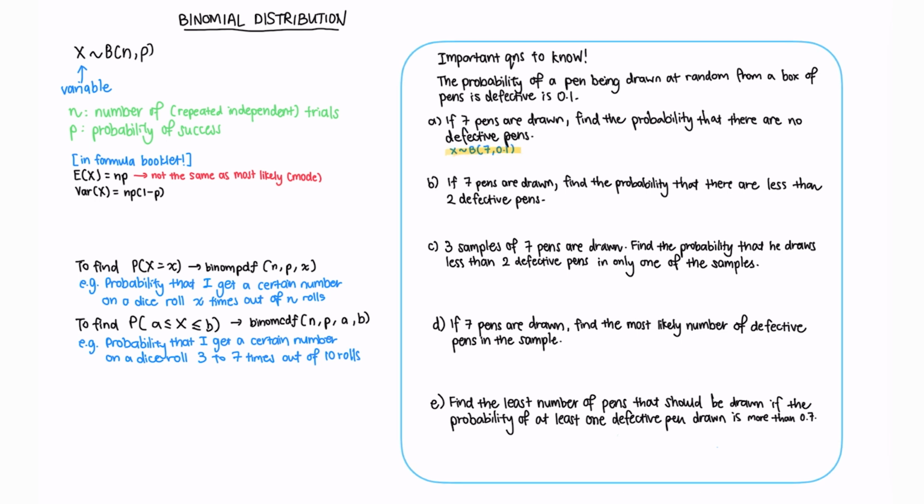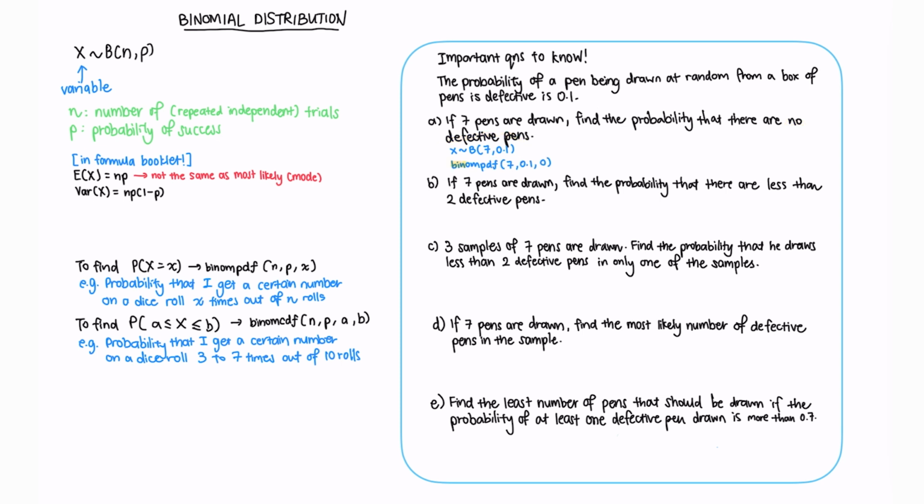So first, I want to write my statement that X is binomially distributed with n equals 7. You see we're doing 7 different trials, and the probability of success, which is the probability of your pen being defective, is just 0.1. Now we want to find the probability that there are no defective pens. So out of this box of 7 pens, we want to get 0 defective pens.